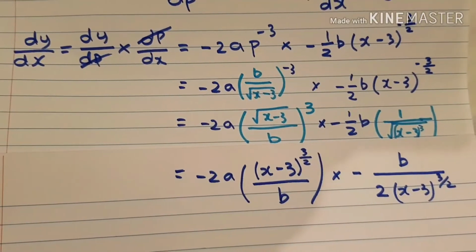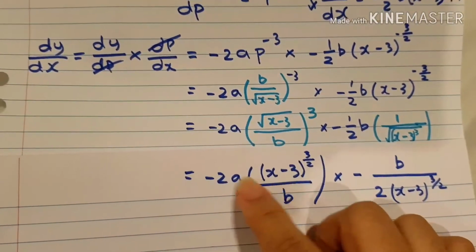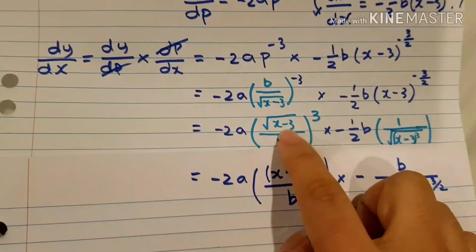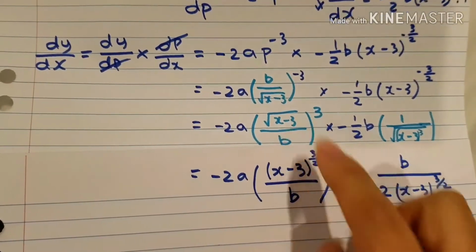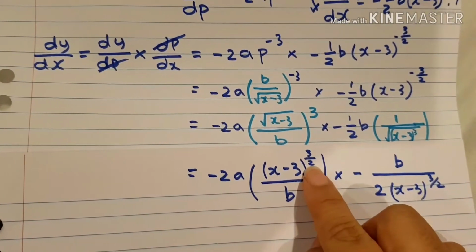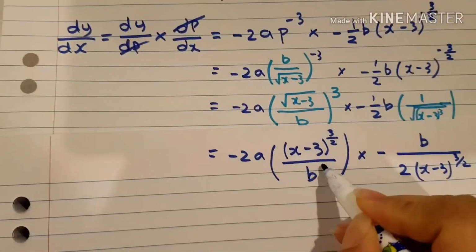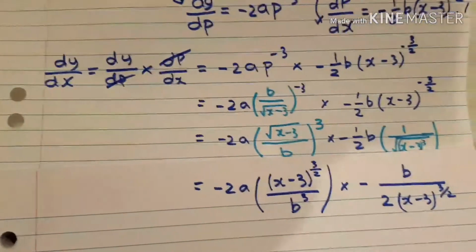Okay, here I just rewrote it. So what I have done is, that's a half to the power of a half, times 3, multiply 3, right? Now 3 over 2, and b, oh, I forgot the power of 3 over here, because it applies to the top and the bottom.